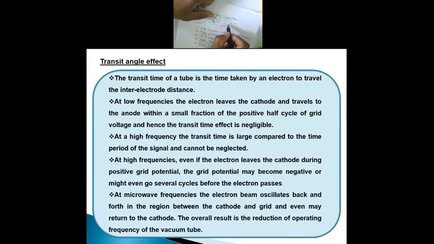Generally, at one end it looks positive and at the other end it looks negative. But because of the high signal, it looks the same at that high frequency. That's why the tube operation, or the efficiency of the tube, is reduced because of the transit time effect or transit time angle.